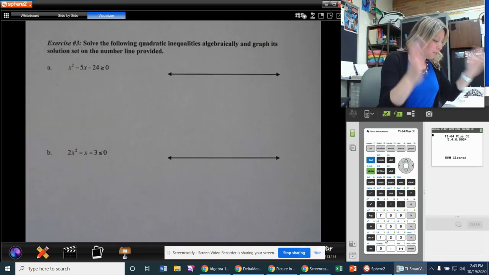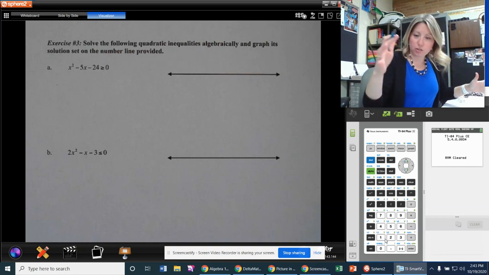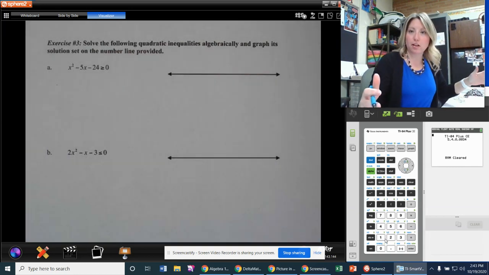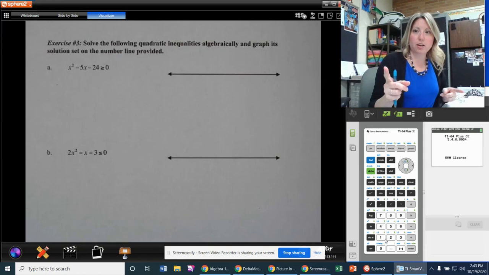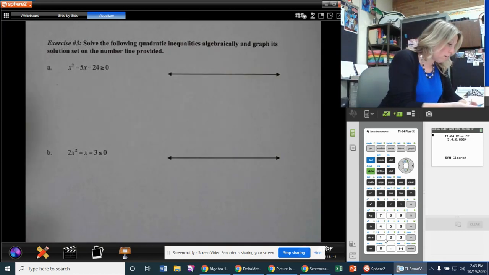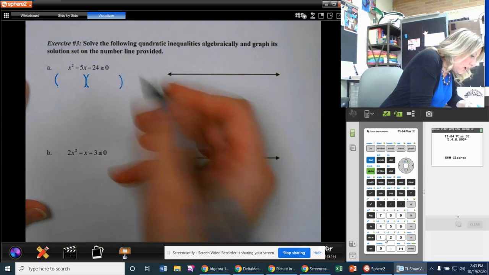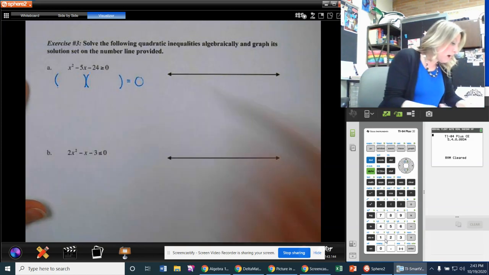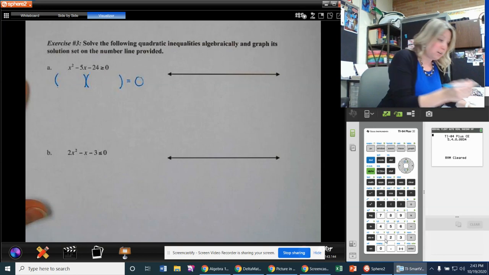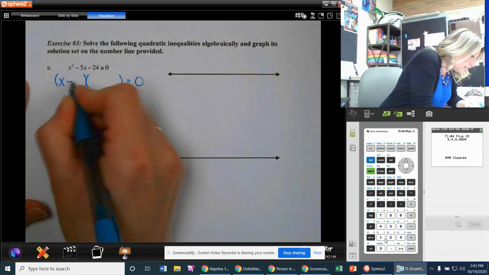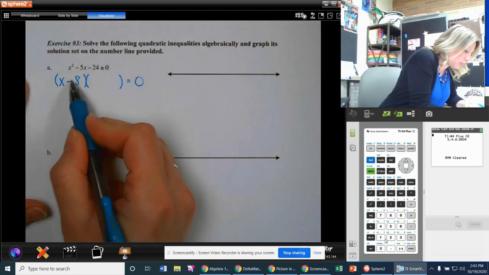Okay, are we already 0 on one side and the rest of my polynomial on the other? Yes, so we can get going on our factoring. So what are the factors of 24 that will subtract to give me a -5? So 8 and 3. So x minus 8, because bigger factor, same sign as middle.